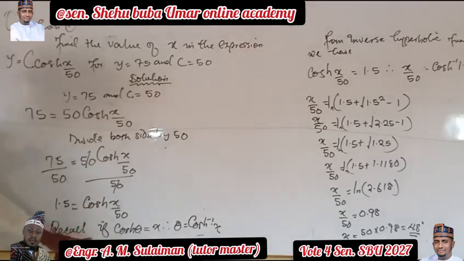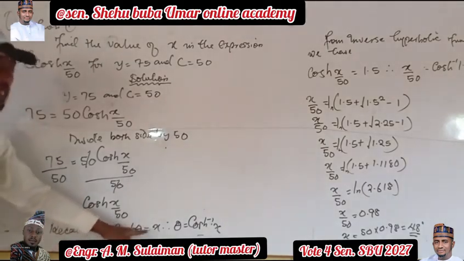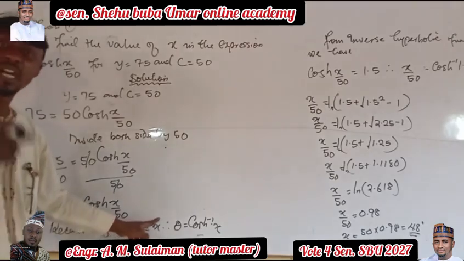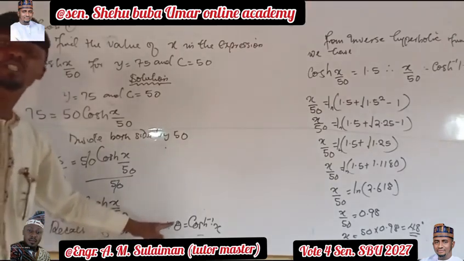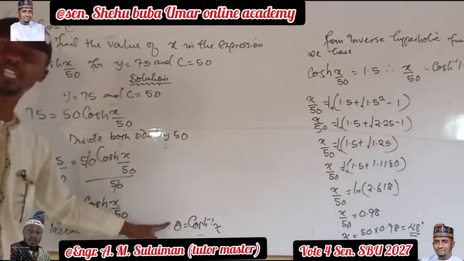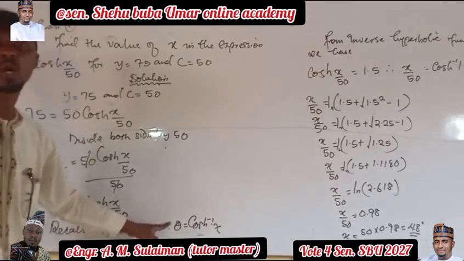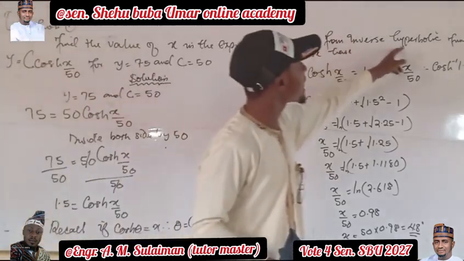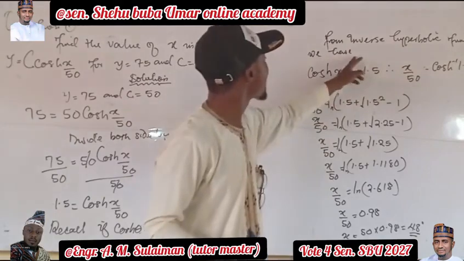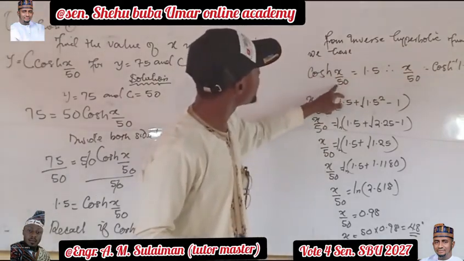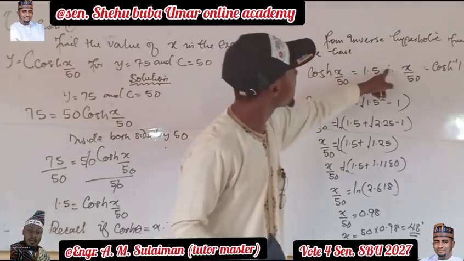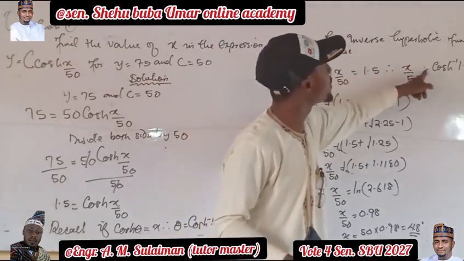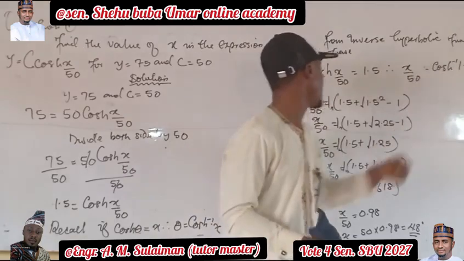Recall from the trigonometric function, when you are computing for an angle, if cos theta is equal to x, therefore theta will be equal to cos inverse of x. Therefore, cos x all over 50 is equal to 1.5, so x all over 50 will be equal to cos inverse of 1.5.